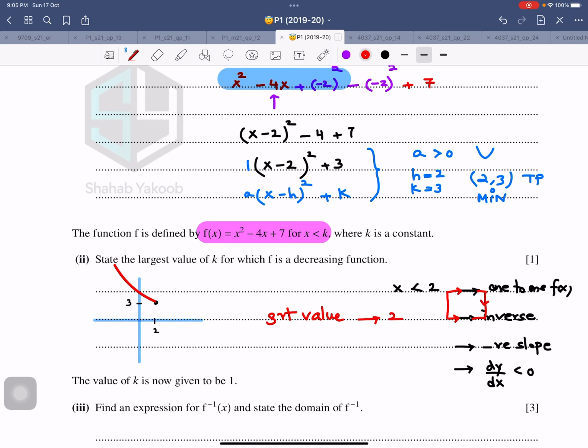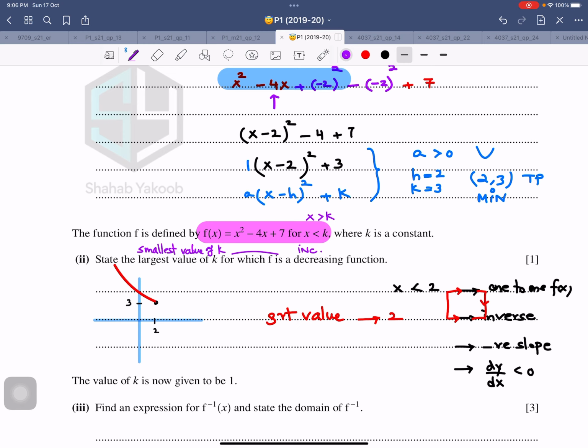The same question could have been asked in a different way. The question could say, state the smallest value of k. Let me change the question. So they can ask us for the smallest value of k for which the function is an increasing function. And the question would be something like this.